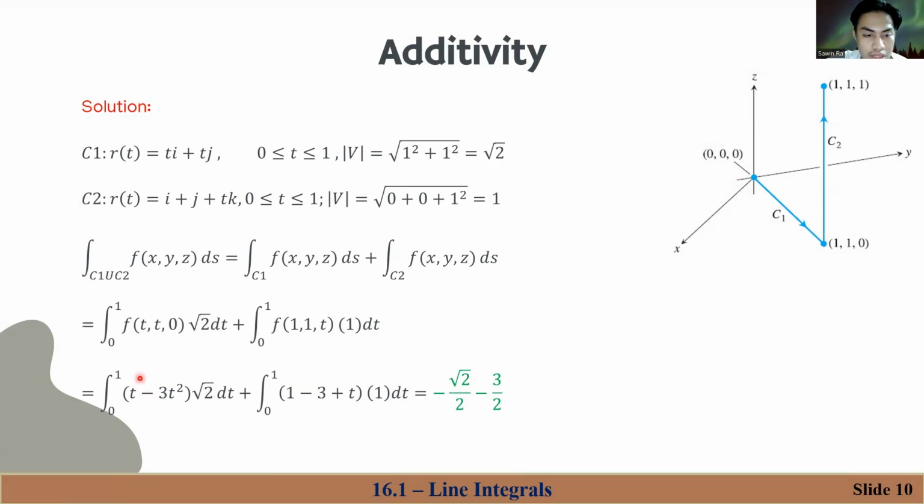So plugging the values back in, we get the equation we have to integrate. This integral is the integral from 0 to 1 of t minus 3t squared, multiplied by the square root of 2, plus the integral from 0 to 1 of 1 minus 3 plus t, multiplied by 1. We get the answer, which is minus square root of 2 over 2 minus 3 over 2.